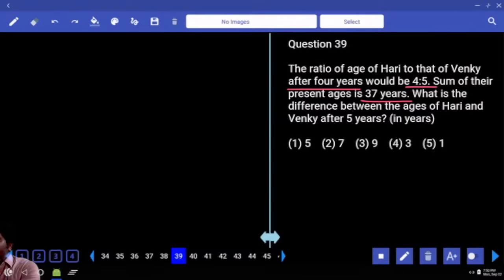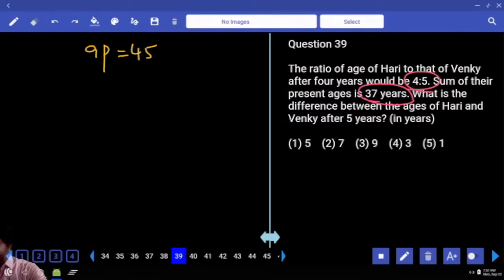For each member, how many years do we have to add? For 2 members together, if the present age sum is 37, the age sum after 4 years will be, you have to add 8 years. How much is that? 45, which is the sum of their ages after 4 years, which in terms of number of parts is?